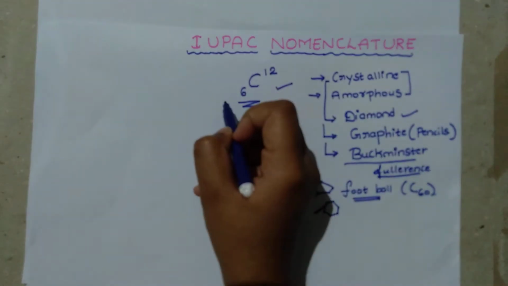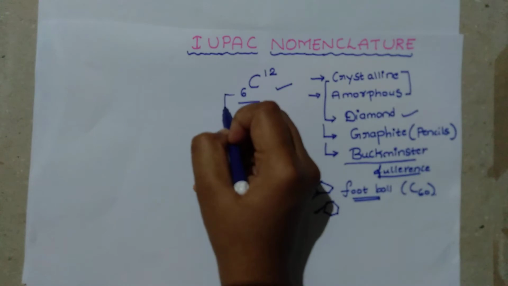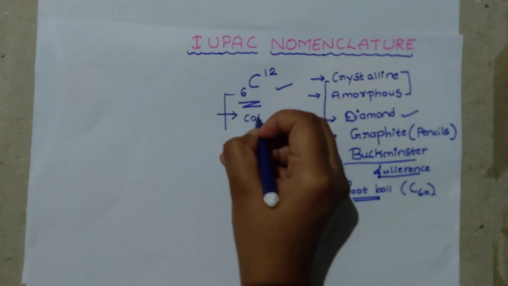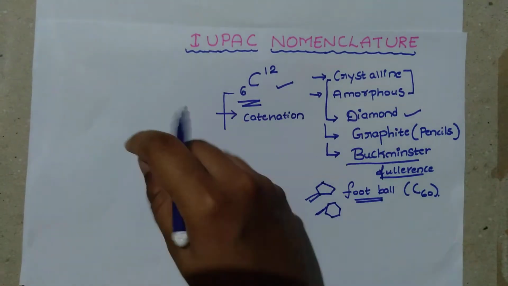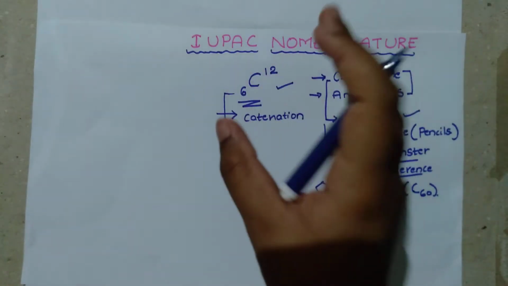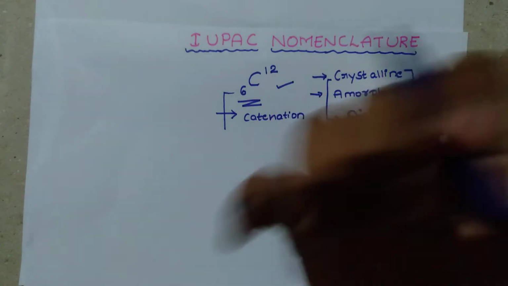Carbon forms multiple bonds because of four reasons. First one is catenation. Catenation is the phenomenon in which carbon forms a large number of bonds, long chains.